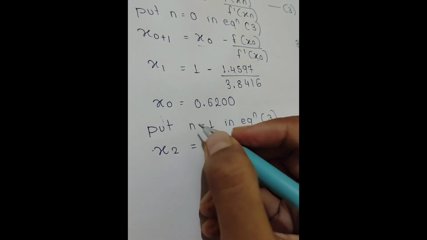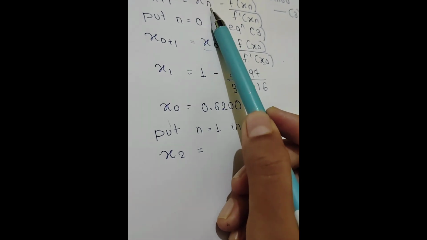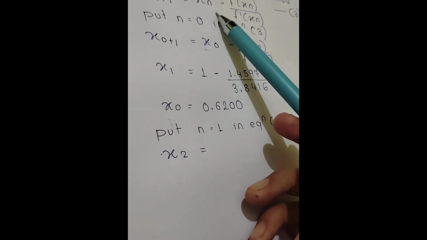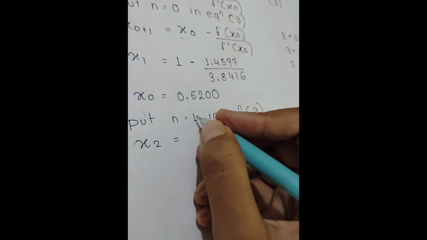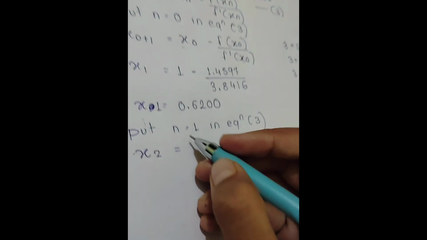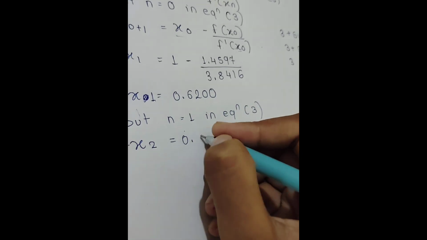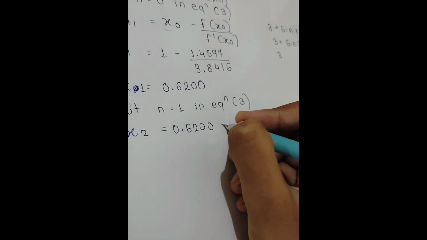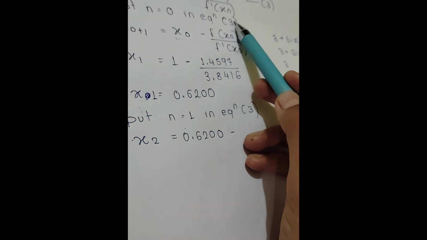Here we take x_n, meaning x1, because n = 1. Here we get the value of x1, so we put the value of x1 in it, which is 0.6200, and we have to find f(x_n) and f'(x_n).